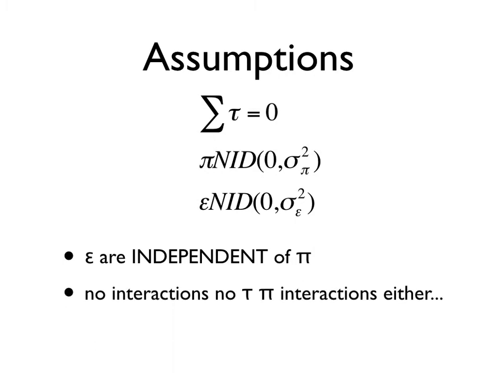There's also no interaction of any sort. No tau by pi interactions. This is a really strange assumption because before I was saying with people, we can assume there's an interaction. We can actually measure that. The problem here is we can't measure the interaction between the effect of a block and the effect of treatments.